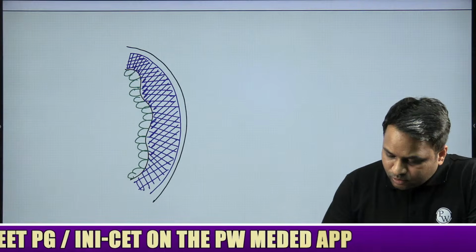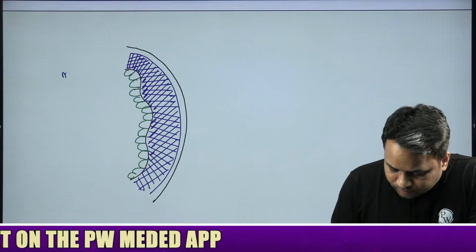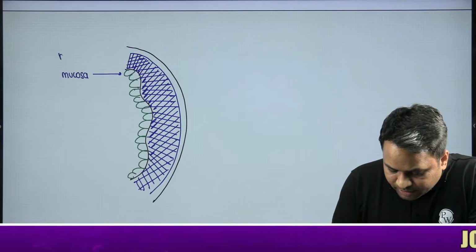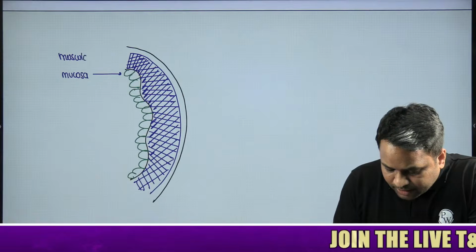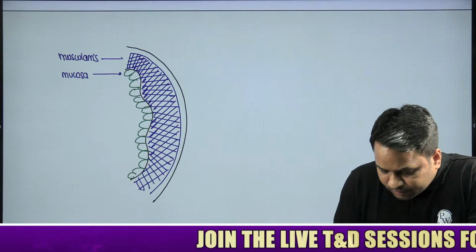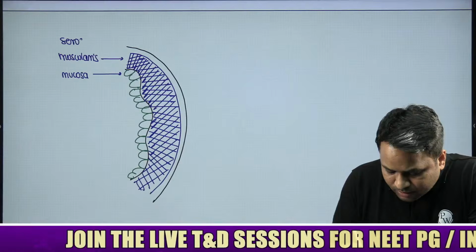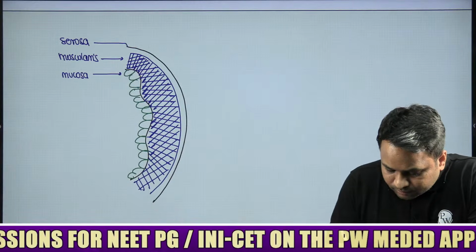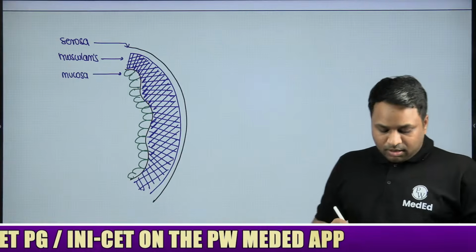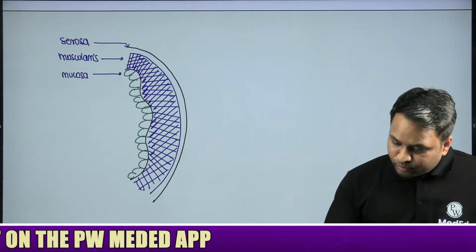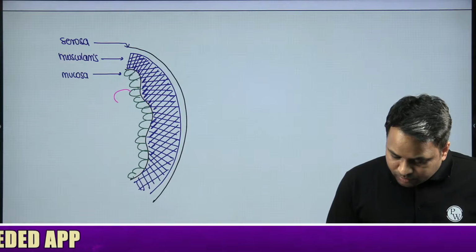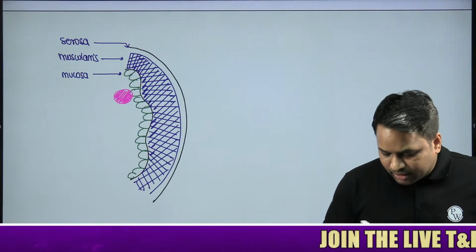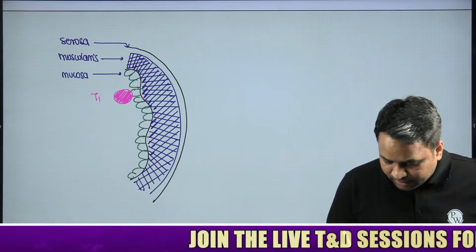So when you look from the innermost layer, this is mucosa, then you have muscularis, and the last one that you have is your serosa. Now, if the tumor is limited to the mucosa, it is T1A.